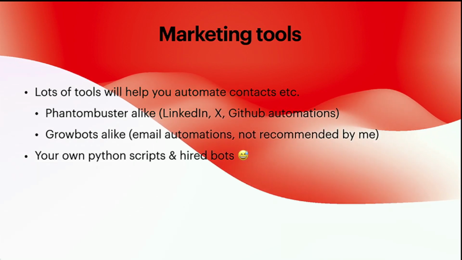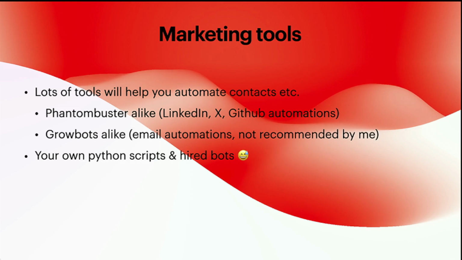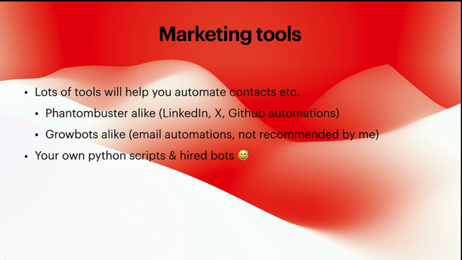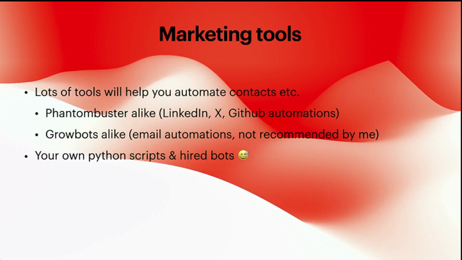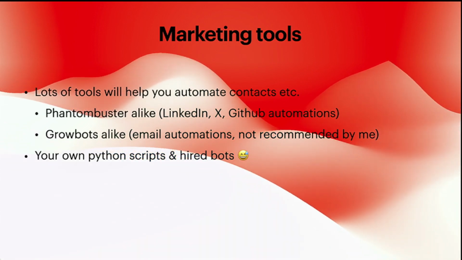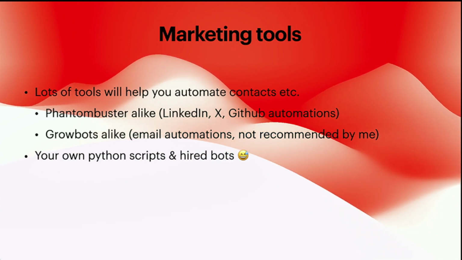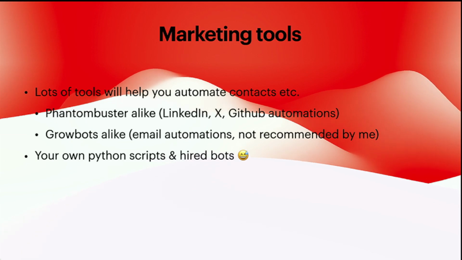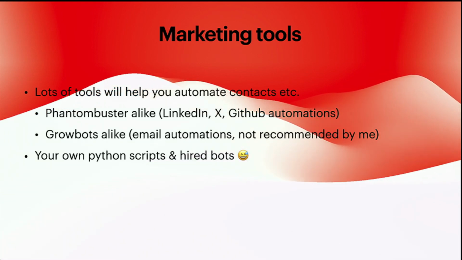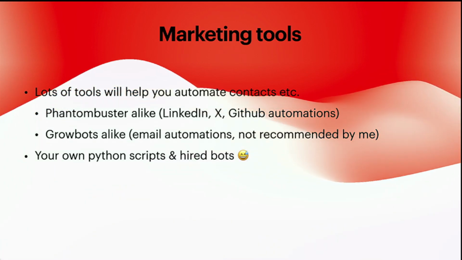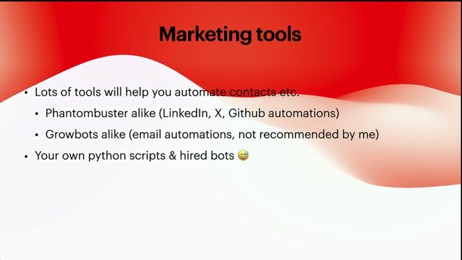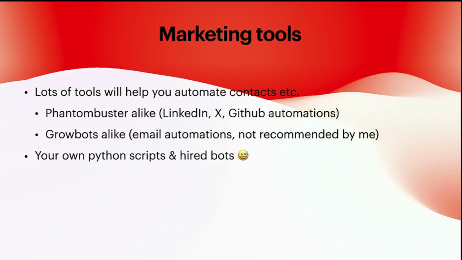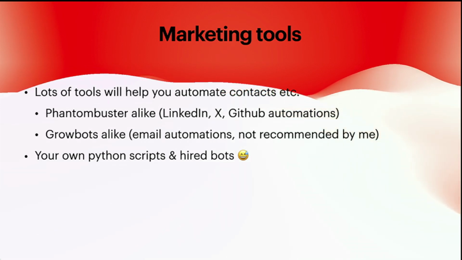Okay, and now a bit of the marketing tools which you can use to help with that. For LinkedIn and GitHub, etc., sometimes you want to automate some stuff. For example, to message people once every week, or get people who actually star a specific repository, etc. There are tools like that. These tools are a little bit shady, but you can use some of them.